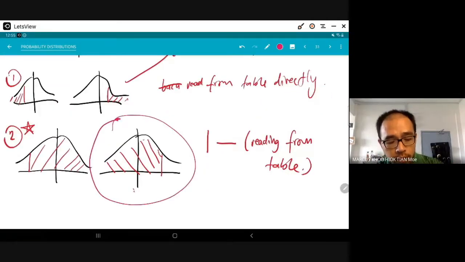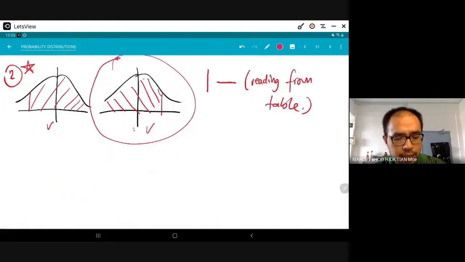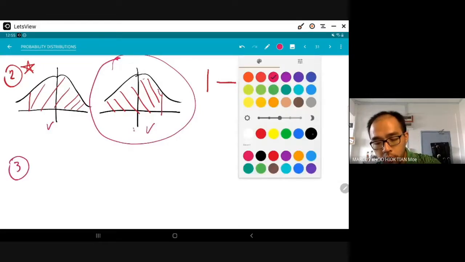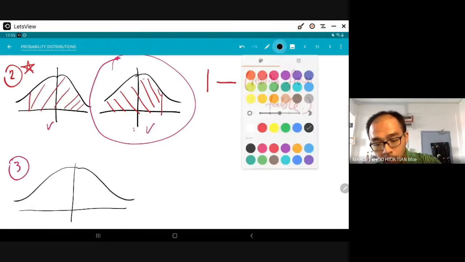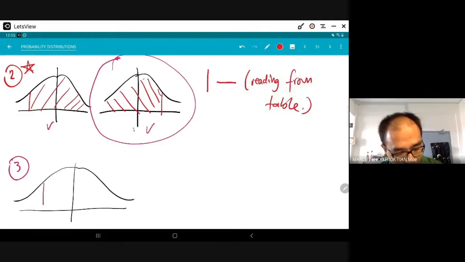Okay, so the first situation is if you shade this way, read directly. The second situation is kalau kamu shade macam ni, you have to do one extra step. Okay, now the third situation, there is another possible situation lah. Okay, the third situation is, let's say you have a graph like this, and I want you to shade like this and like this.